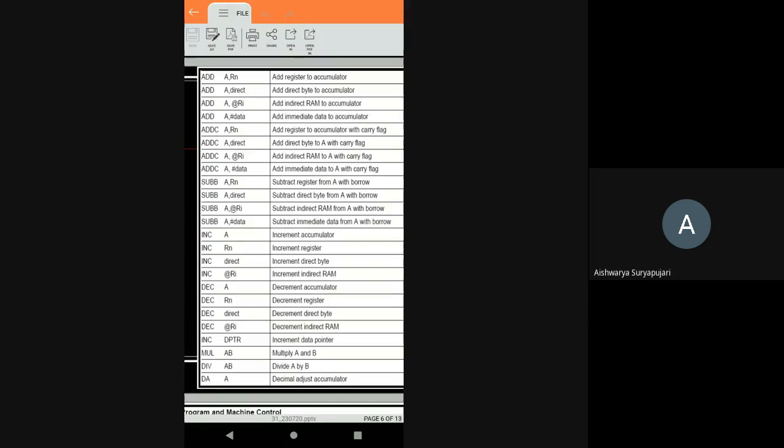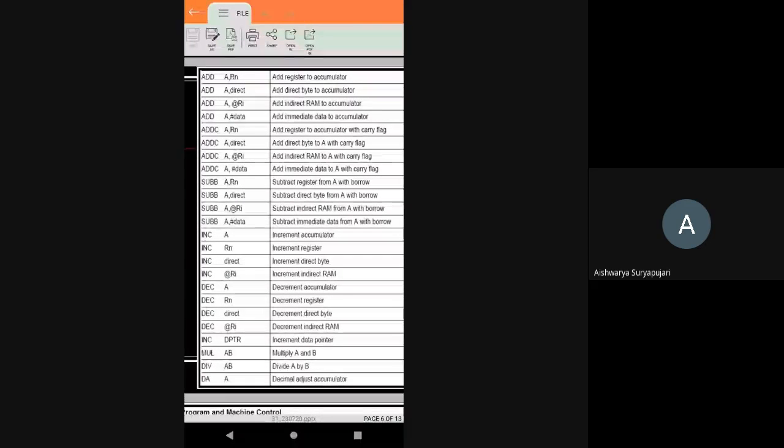Subtract register from A with borrow. So now in this subtraction जसं ADD आणि ADDC होतं तसं subtraction मध्ये नाहीये. So it is only SUBB, म्हणजे compulsory with borrow अशी instruction आहे subtraction साठी.